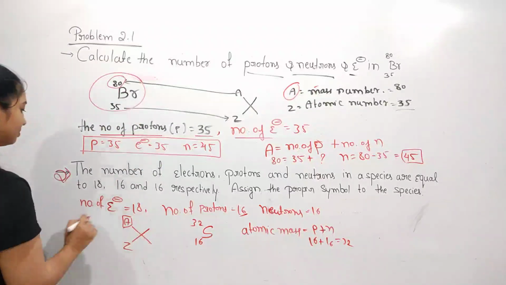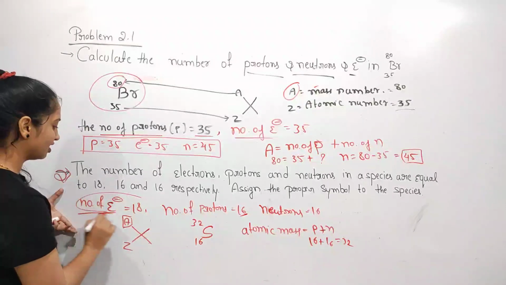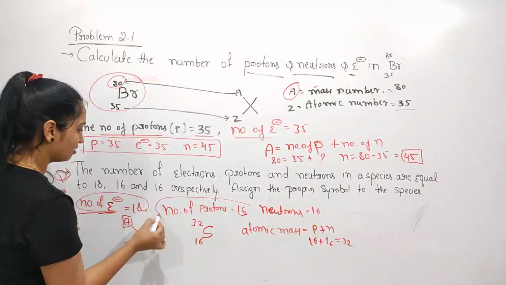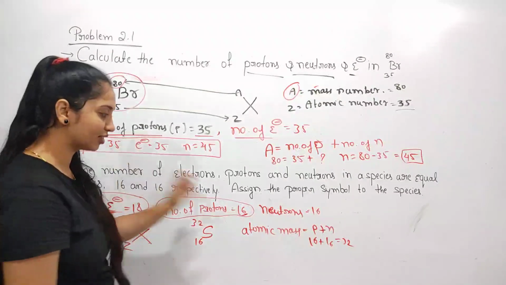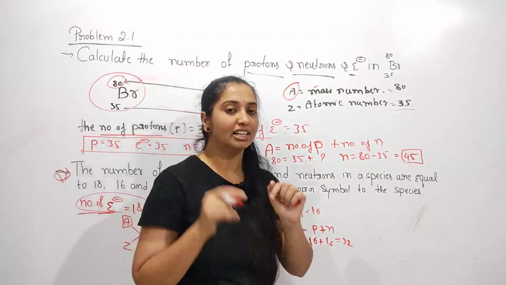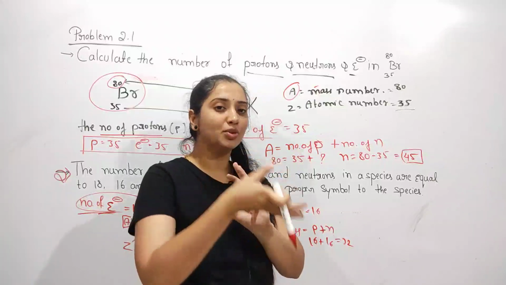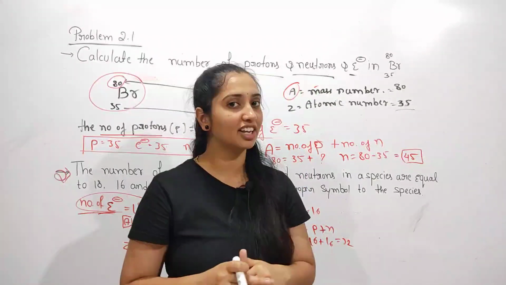But what about the number of electrons? The number of electrons is not equal to the number of protons. Already I told you, in a neutral atom, if the atom is said to be in a neutral state, then the number of protons is equal to the number of electrons.